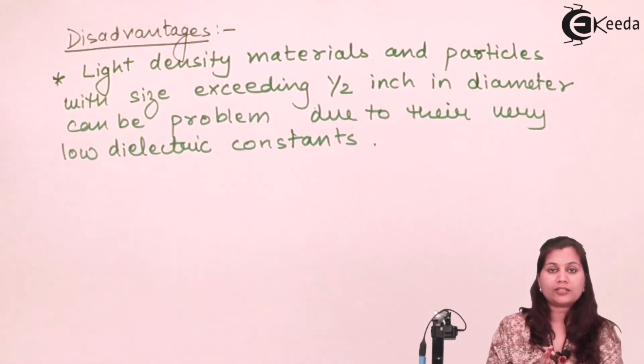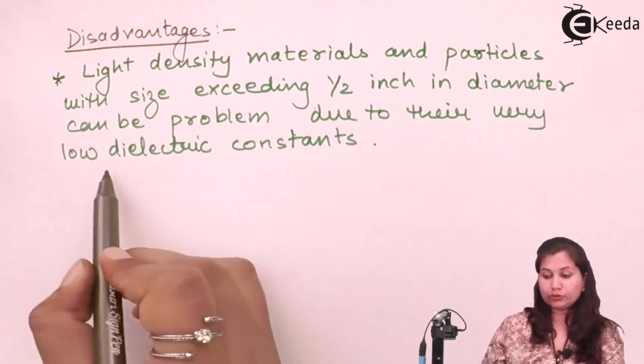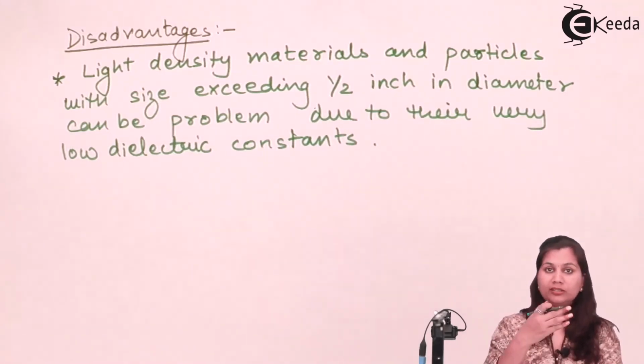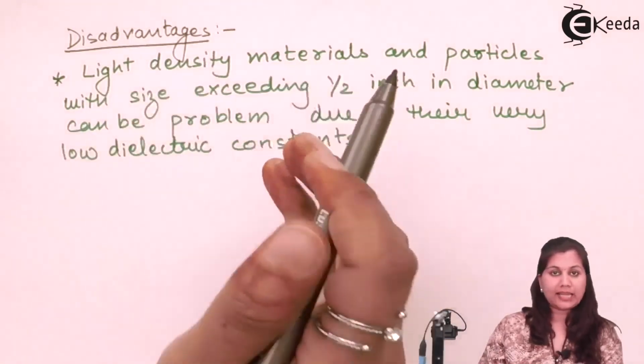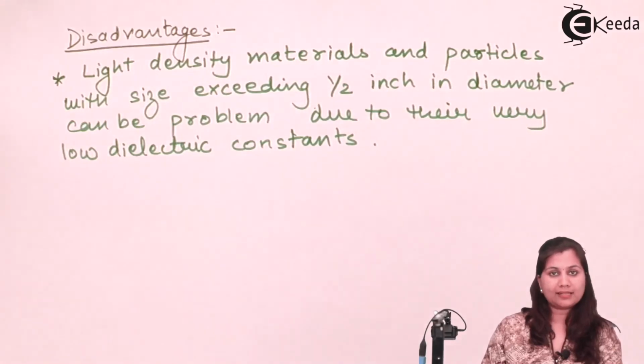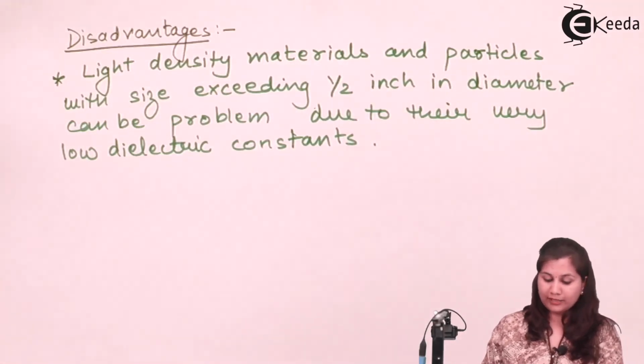Okay, so that is going to affect the readings which we take from the capacitive level sensor, because due to the change in the dielectric constant, the capacitance is changing. So these types of materials can be a problem for the capacitance level sensors. So that is the disadvantage of these sensors.